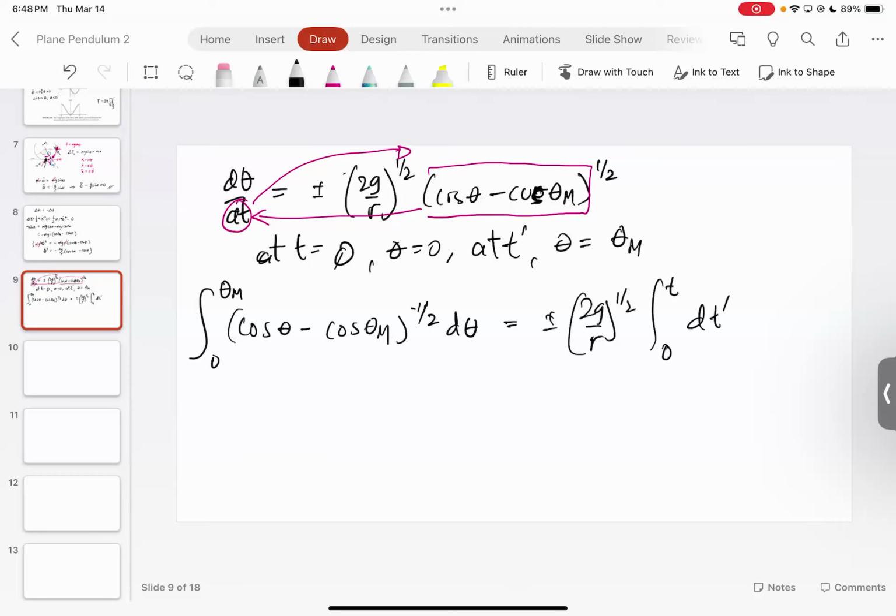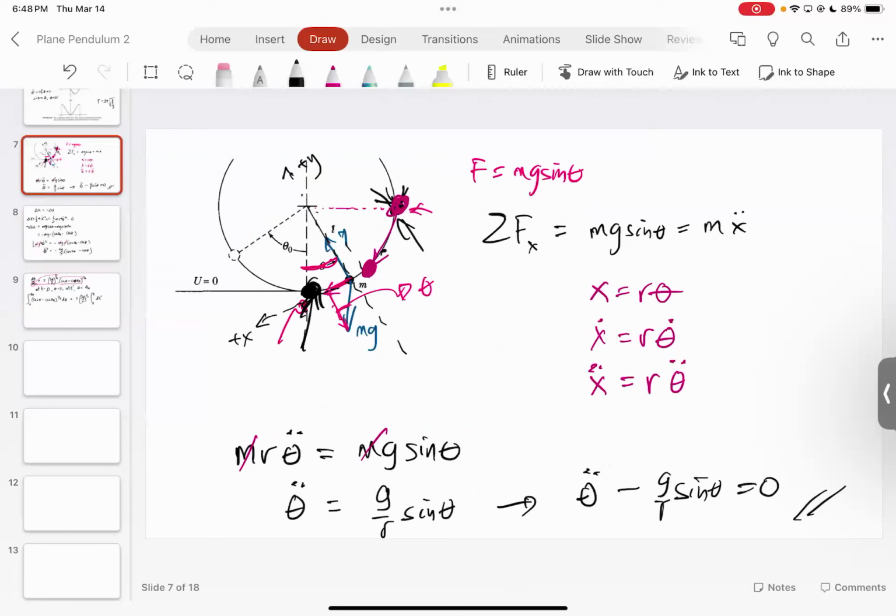Now, I've drawn a lot here, so I'll use the one with glitters. This is t equals 0, we said, theta is equal to 0. And then t prime is theta sub m. Suppose this is our theta sub m.